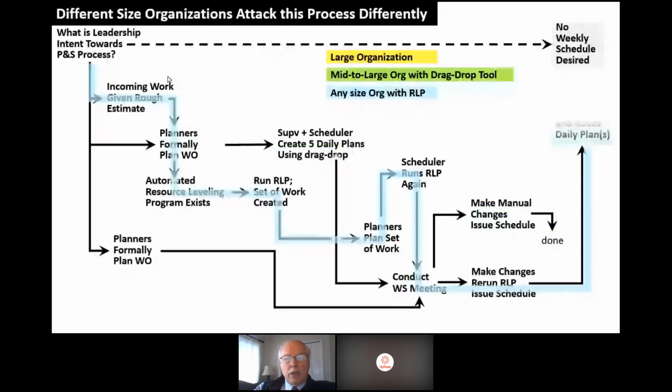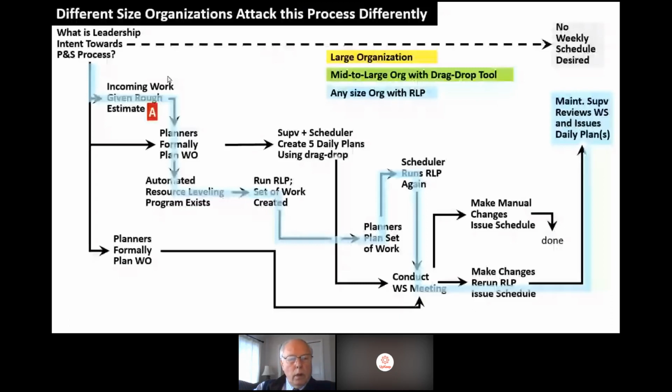Any size organization with the resource leveling program has the rough estimate process with the gatekeeper role. They can still formally plan work, and both come together. The automatic resource leveling program is run and creates a set of work, the weekly schedule meeting occurs, and they can make changes and rerun the RLP if needed. It only runs in 60 seconds, and you see what has been added and what has dropped off.